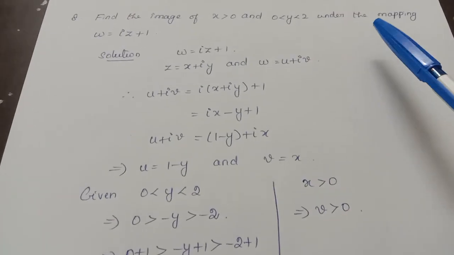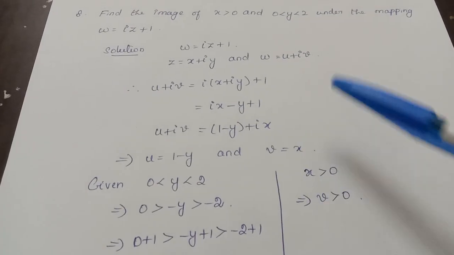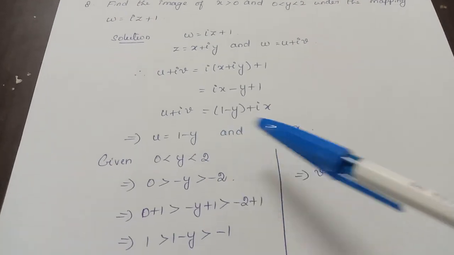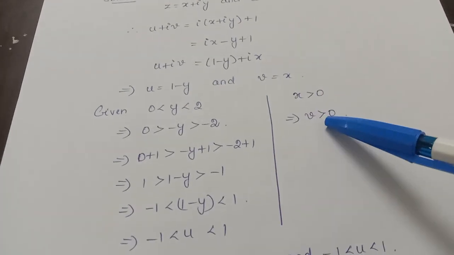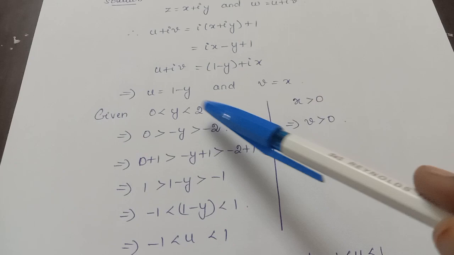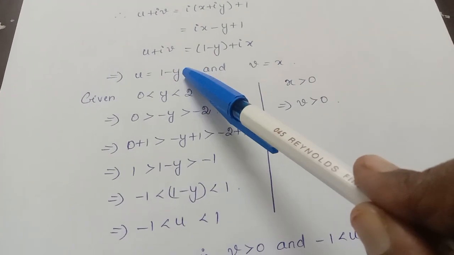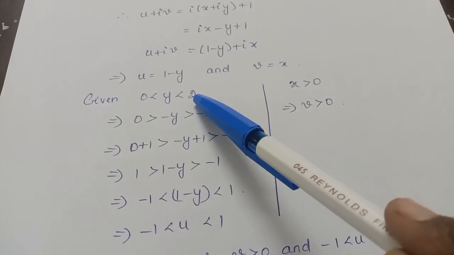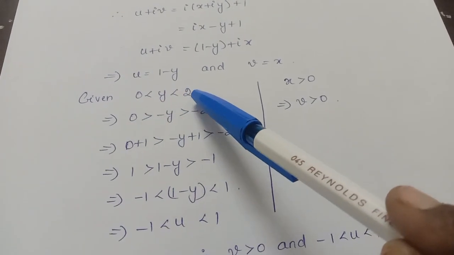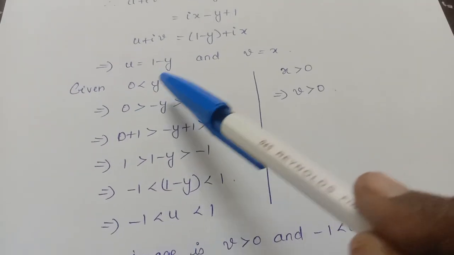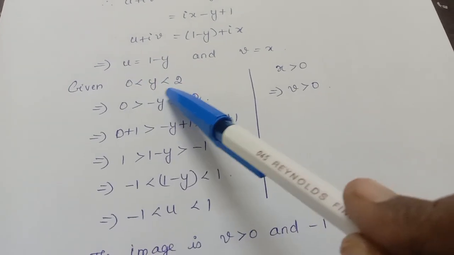So what is given in the question? x is greater than 0. Another one is 0 less than y less than 2. So x greater than 0 means what? v is greater than 0. Let us come to this side. It is given 0 less than y less than 2, no? But here it is 1 minus y. So throughout you multiply by minus. Whenever you have an inequation like this, when you multiply it by a minus sign, the less than symbol will get reversed.